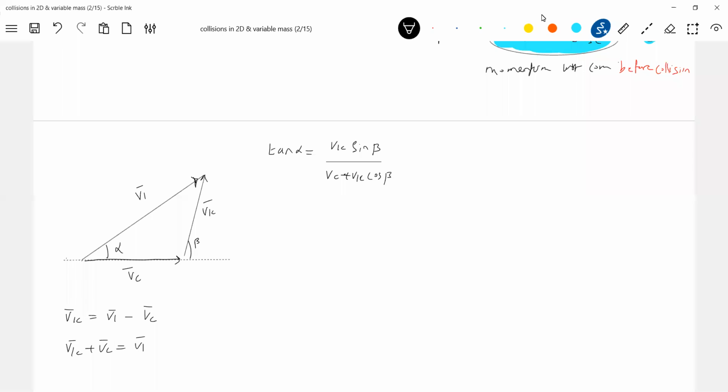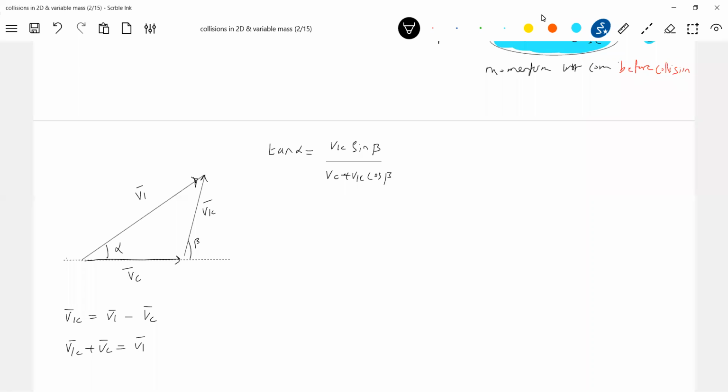So now we know beta and alpha. We have to search for VC, could be UC, and V1C is what? We have to search particular equations. Tell me what I should do after this. This is everything about the problem.